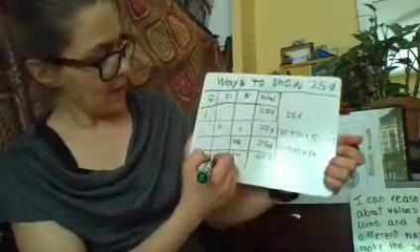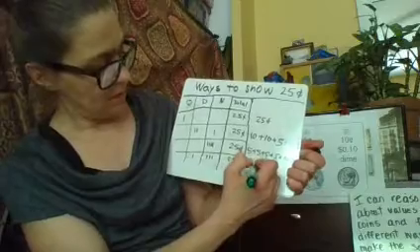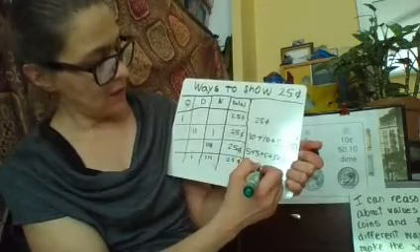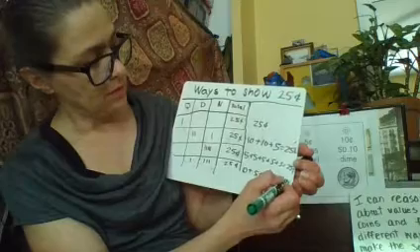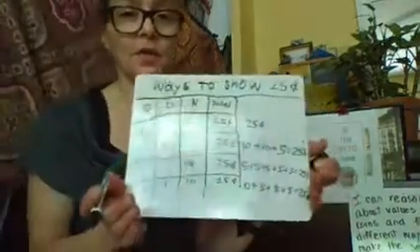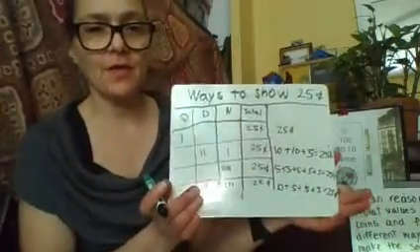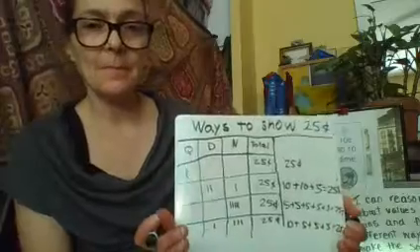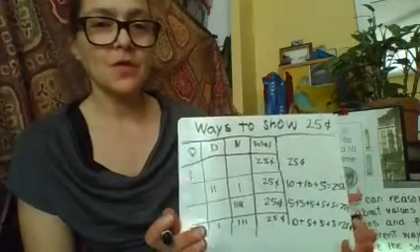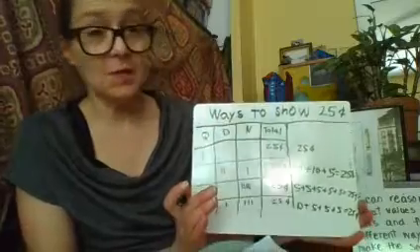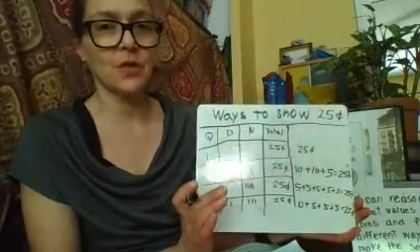And then we have the dime and 3 nickels. And don't forget, you can also use 25 pennies. Okay, so these are the different ways you can make 25 cents to purchase this banana.